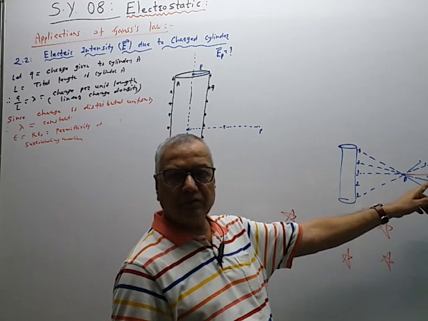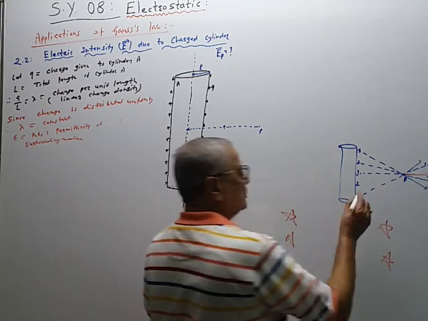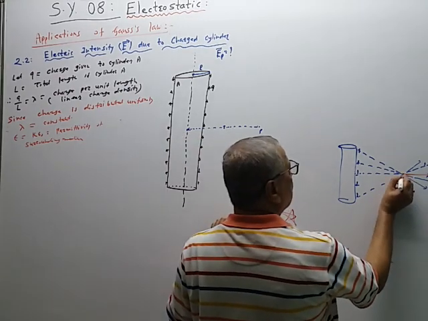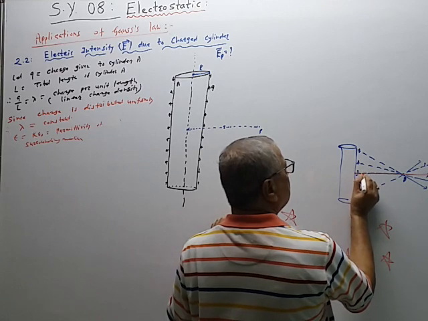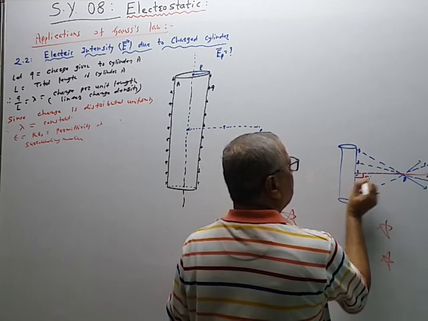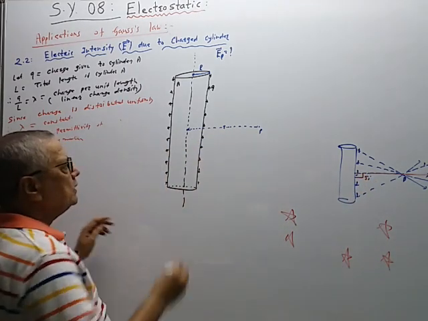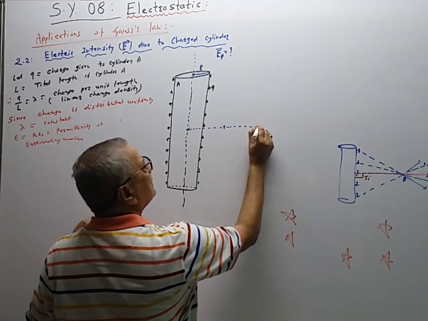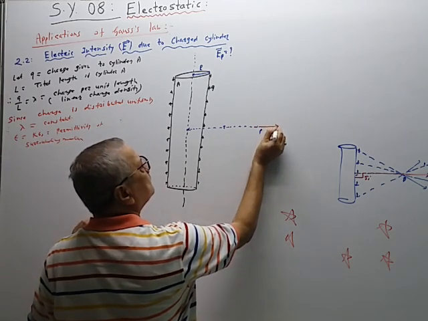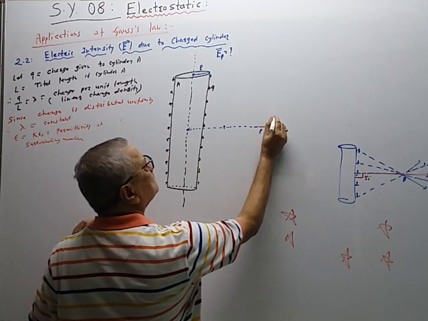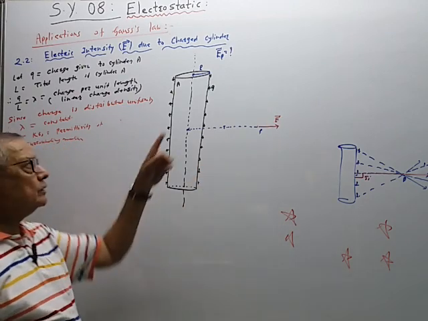Positive charge, normally away; negative charge, normally towards. So you can use this five-star property. If you prolong this direction, this angle is always 90 degrees. So at point P, the intensity is directed like this. So we know the direction.